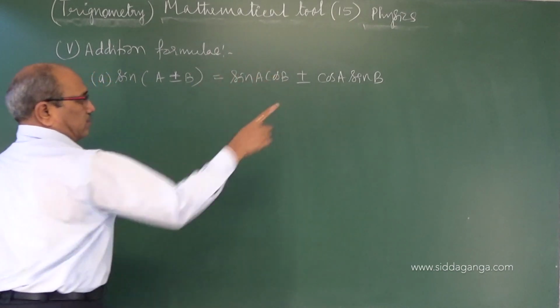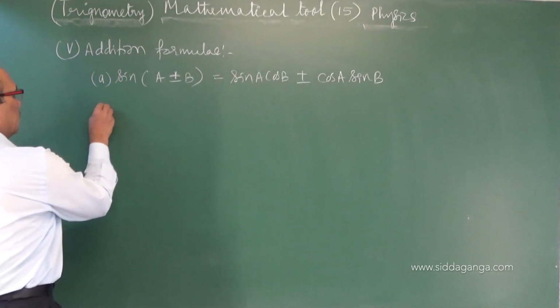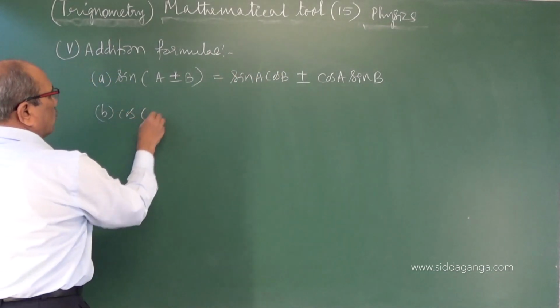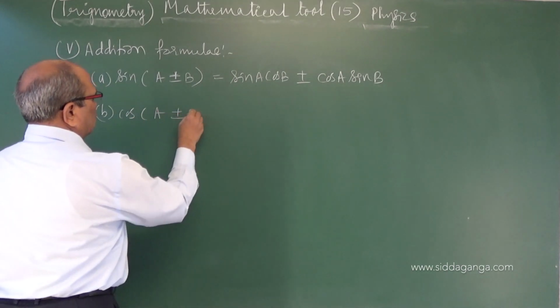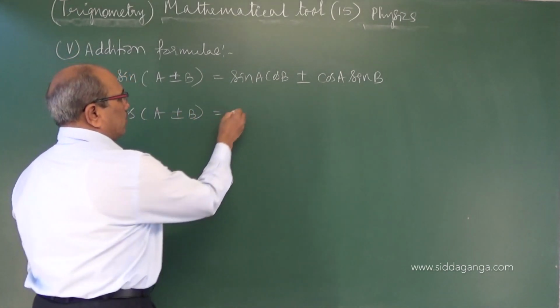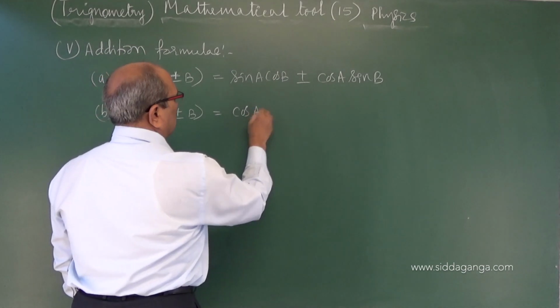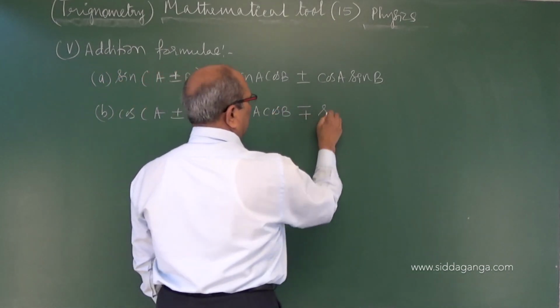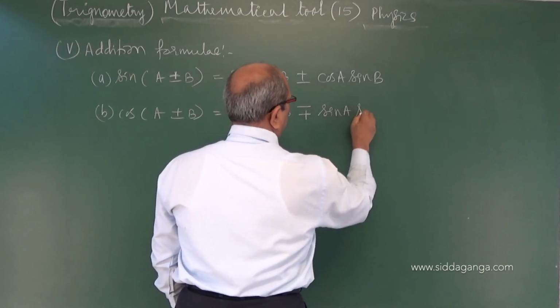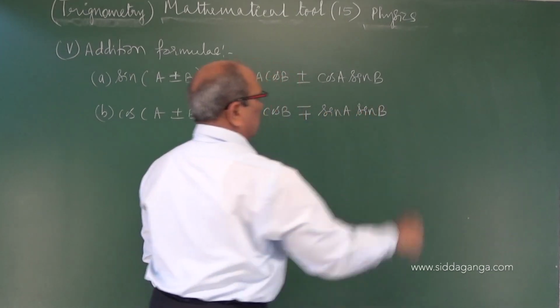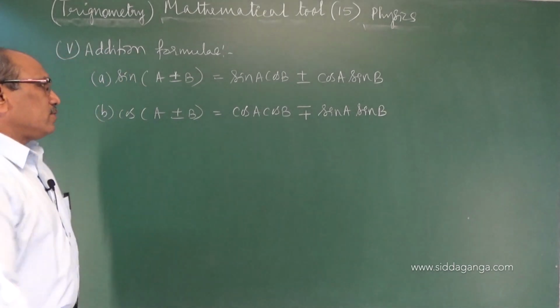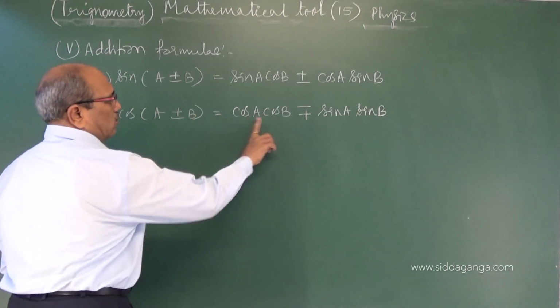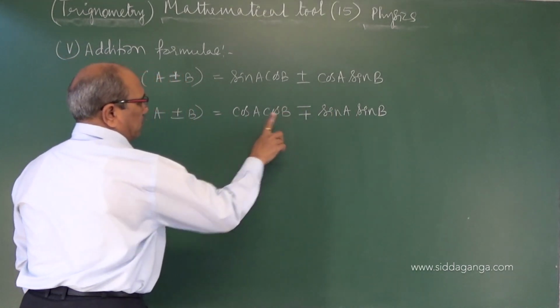Same order as we wrote. Similarly, second, cos a plus or minus b can be shown to be equal to cos a cos b minus or plus sin a sin b. Here I changed it. In the case of cos a cos b and sin a sin b, there is a difference.